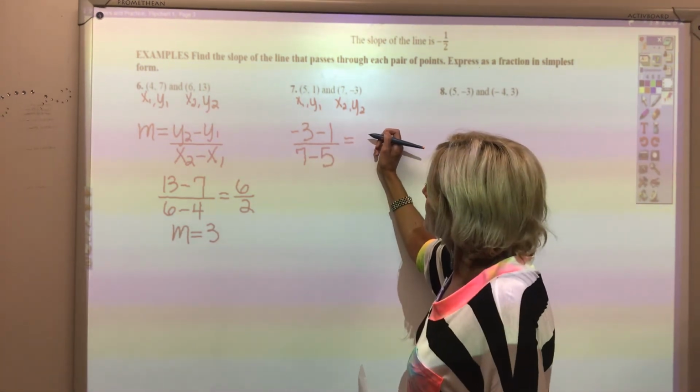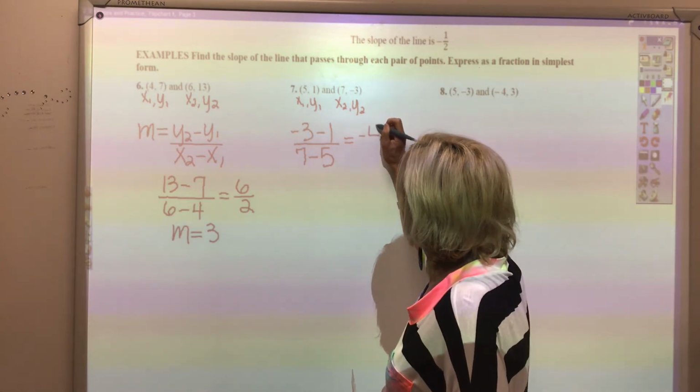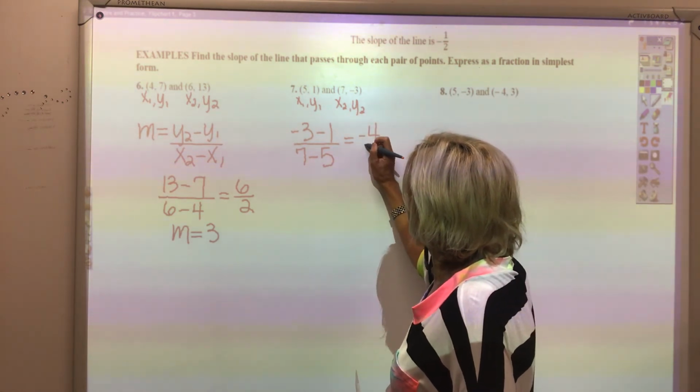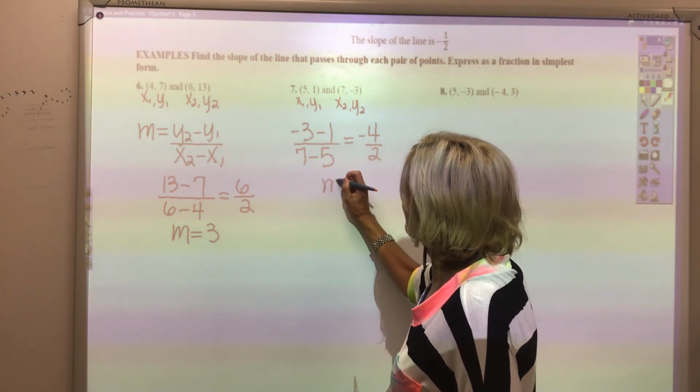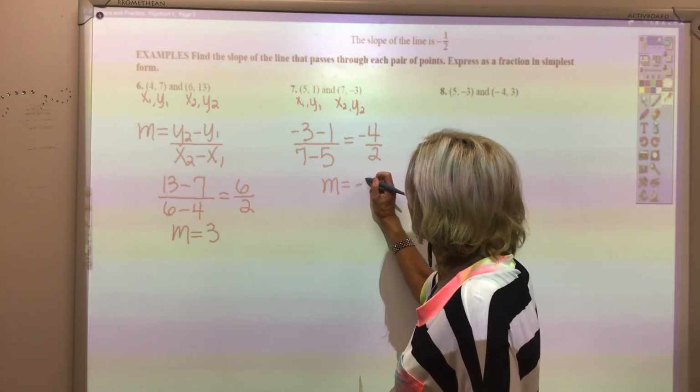Negative 3 minus 1 is negative 4. 7 minus 5 is 2. Simplify, m is negative 2.